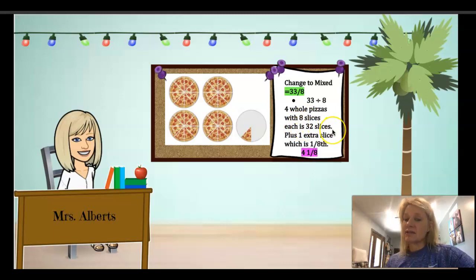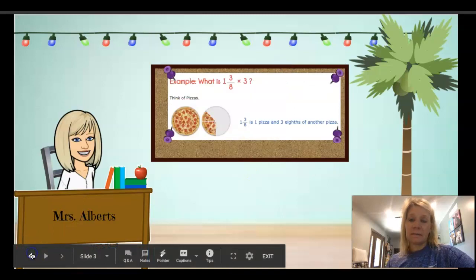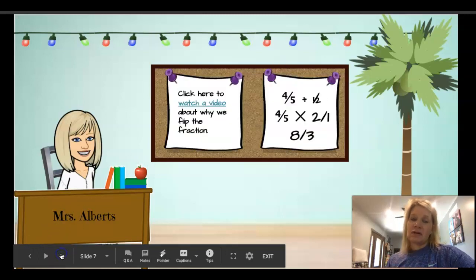So that gives us 32 slices. Plus, we would have then one extra, which is 1/8. So we would have 4 whole pizzas plus 1/8. So our answer to our original problem, 1 3/8 times 3, was 4 1/8.